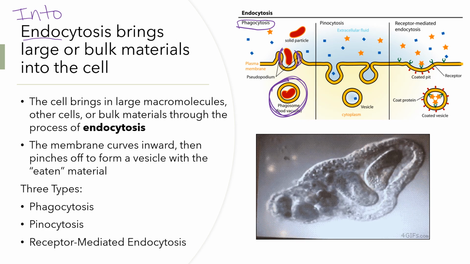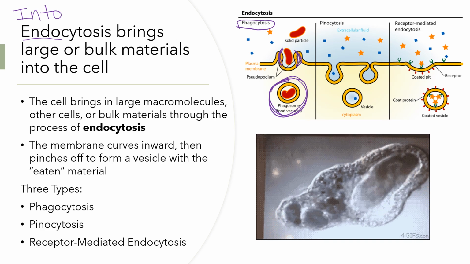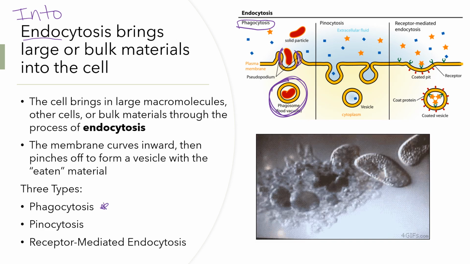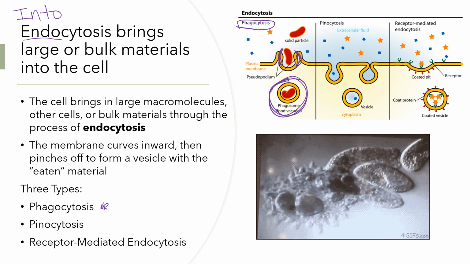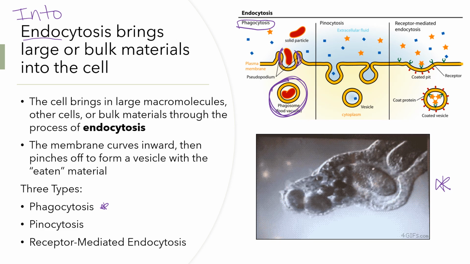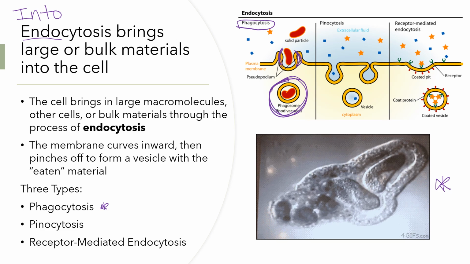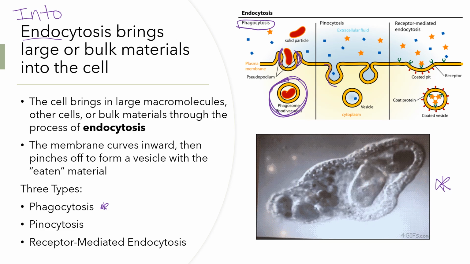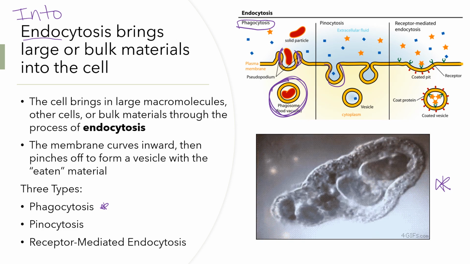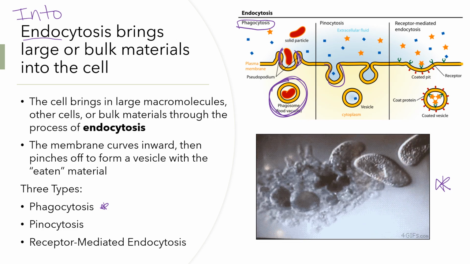So there's a couple different forms of endocytosis. I mentioned phagocytosis, where we're reaching out the membrane to bring in a food particle. You can see a real life example of that in that GIF there. There's also pinocytosis, where the membrane just dips in and brings in liquid and whatever happens to be in the liquid. It's not looking for anything in particular.